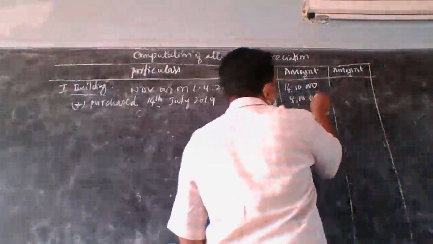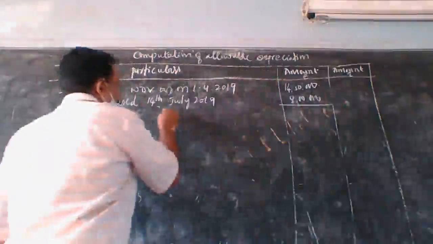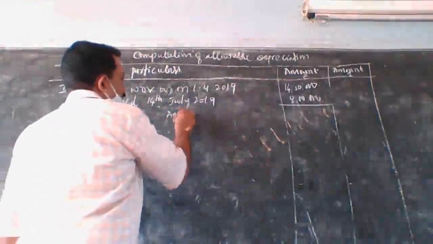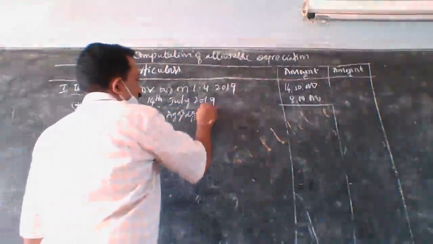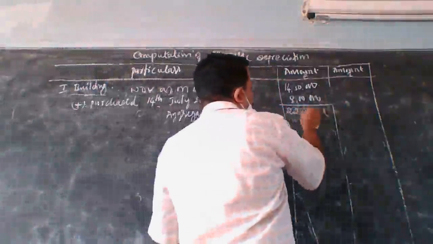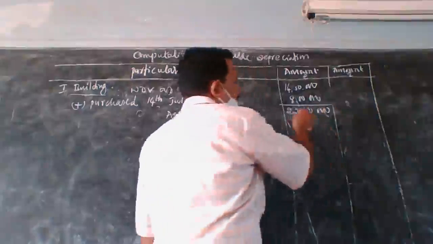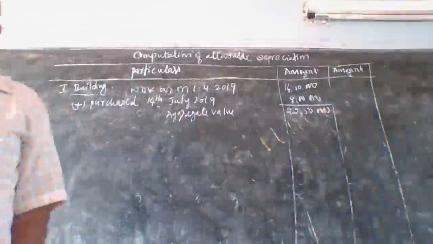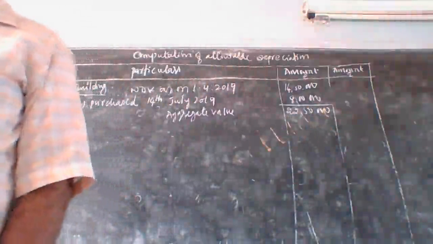So the aggregate value is 22 lakh 50,000. Is there any sale of building?